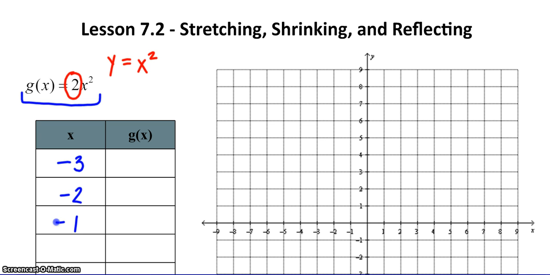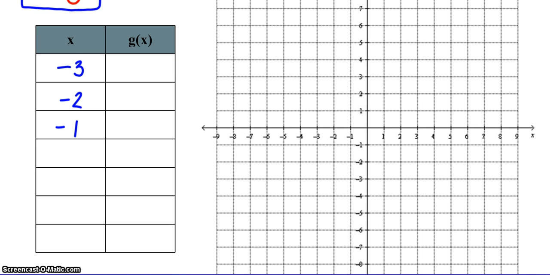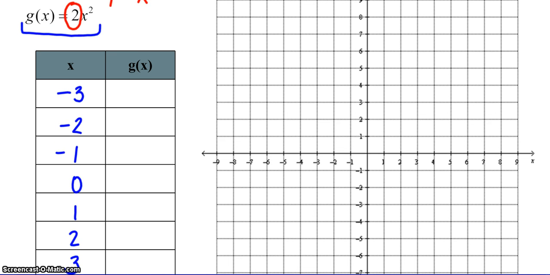So we're going to start with -3, -2, -1, 0, 1, 2, and 3 as inputs into the function, just like we did on the last lesson. We're going to choose a few negative values, 0, and a few positive values to put in.